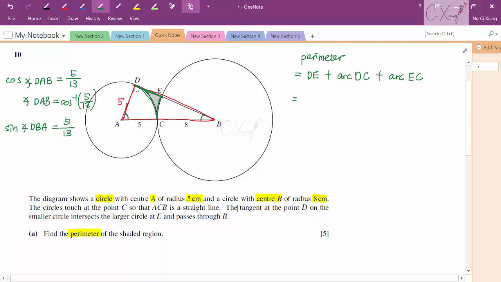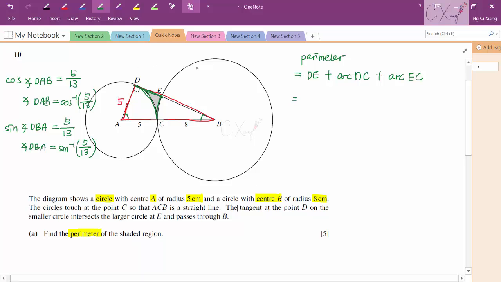So it is 5 over 13 for sine DBA, which means that the angle DBA will be equals to sine inverse 5 over 13. Some of you might want to write this answer as 90 degrees minus cos inverse 5 over 13, which is also correct. As long as you figure out what is the angle for DAB and what's the angle for DBA.